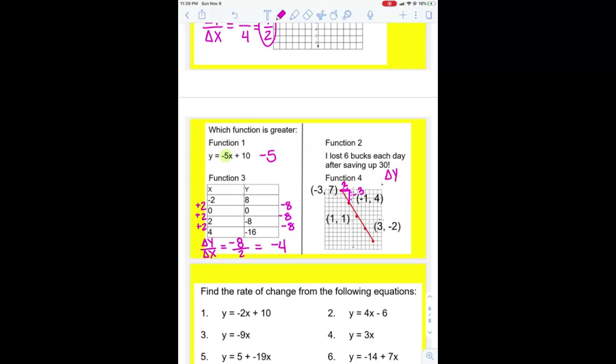So I take my change in y over my change in x, or my rise over my run, and I get -3 over 2. So -3 over 2 is actually bigger than -5 and -4. So that is going to be my greatest rate of change.